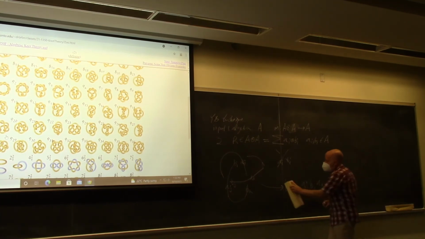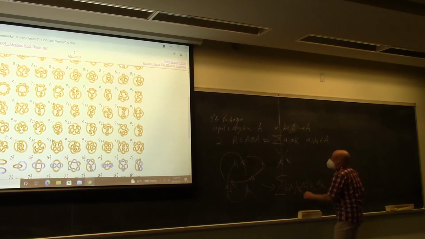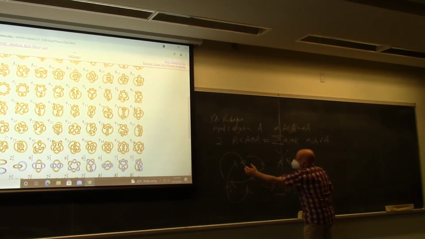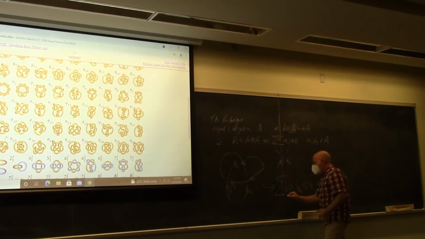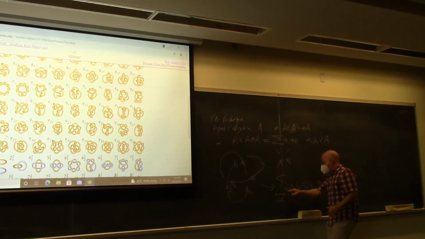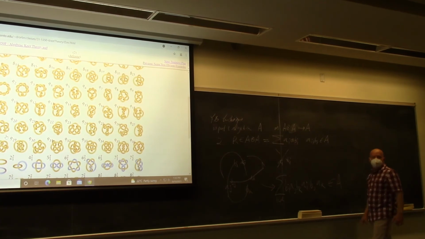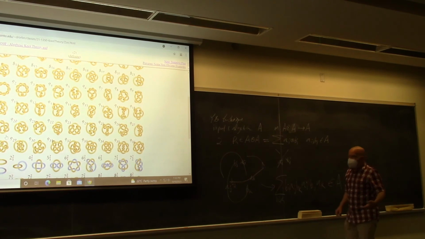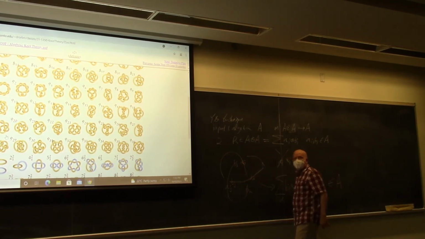And then you sum, because really I wasn't putting a_i and b_i, I was putting R. R is a sum. So I sum over i, j, and k, this product that I get, and the result is an element of the algebra. That is a way of assigning a quantity to a diagram.